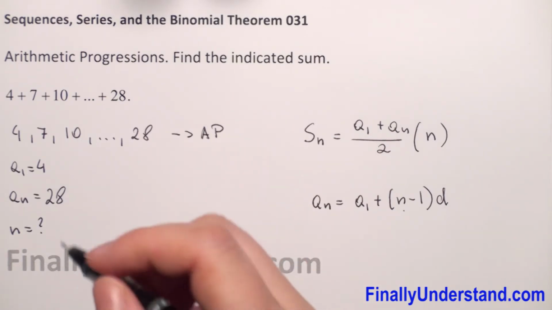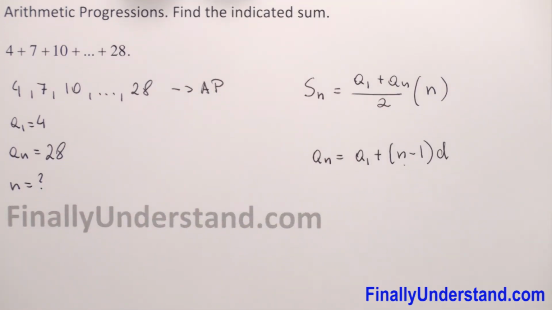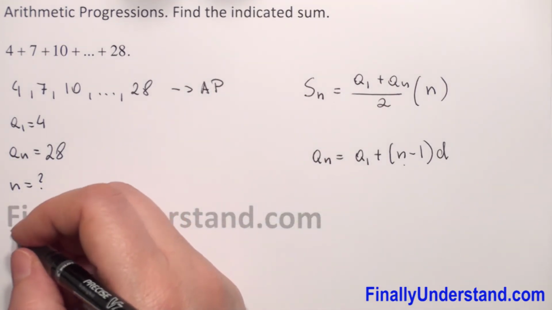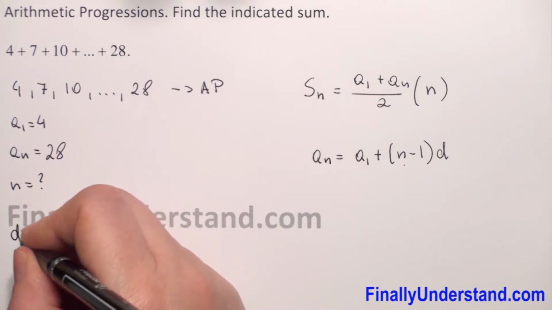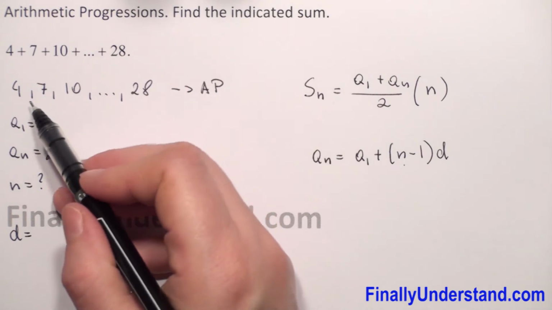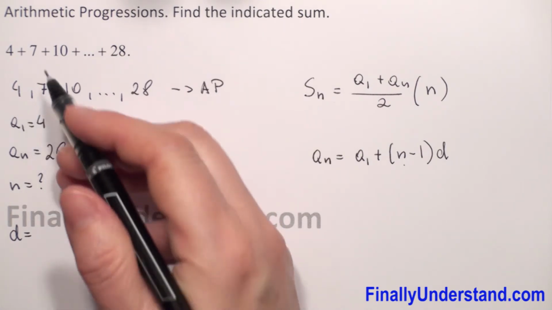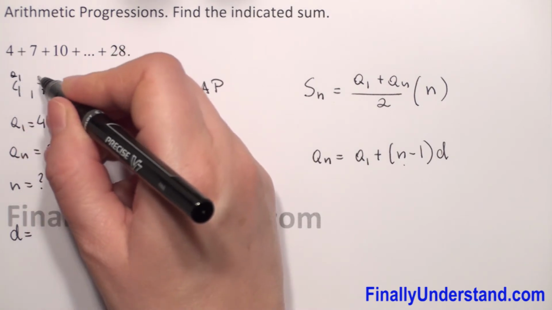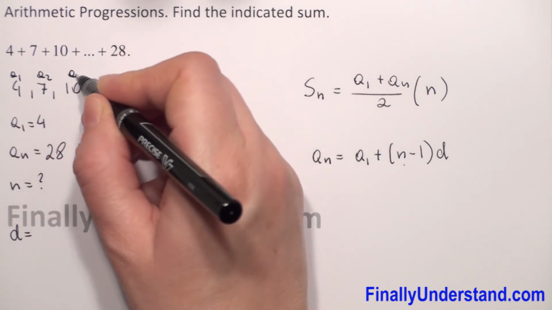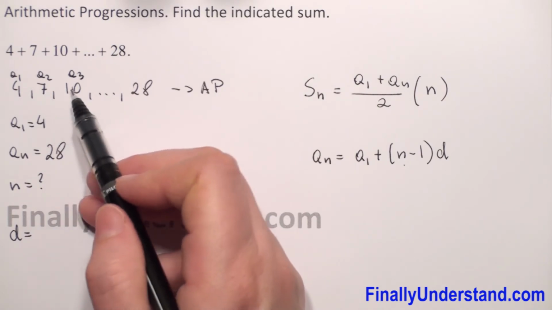So to find d, the common difference, we have to choose two consecutive terms. For example, a1 and a2, or a2 and a3.